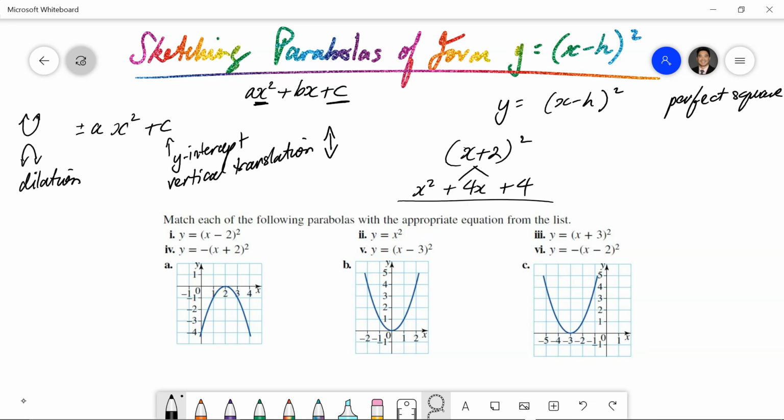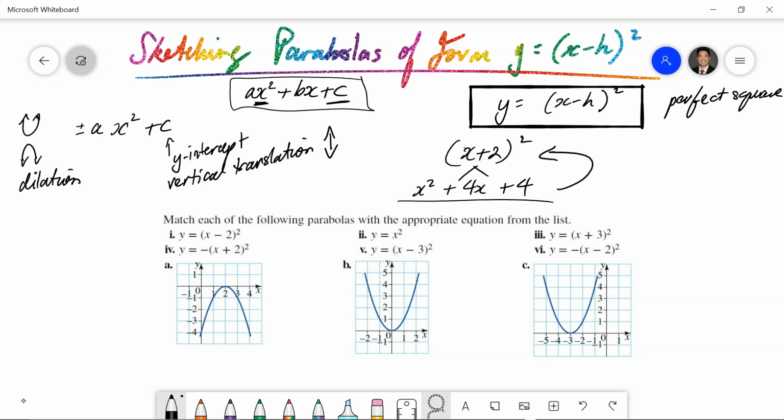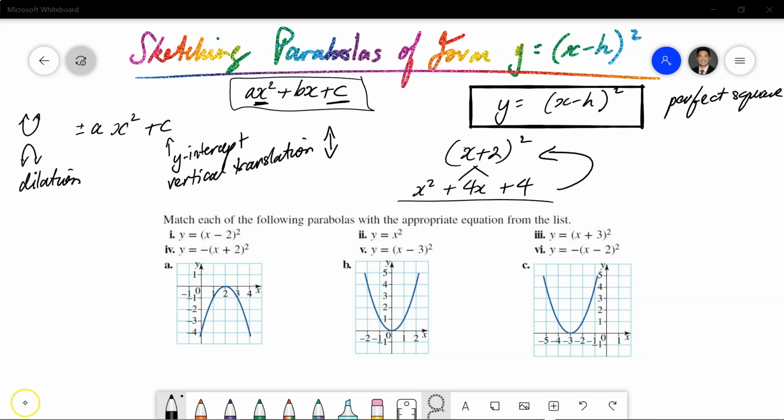That's our y equals, which brings it back to the traditional trinomial form. But if we were to factorize and come back to this, then we are entering this perfect square formation. So that's a brief connection to the previous chapter.